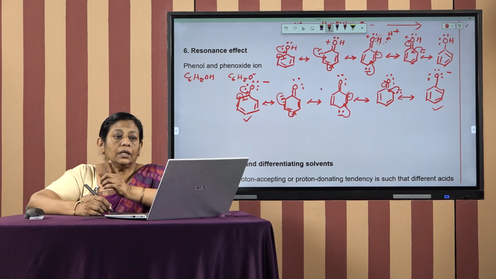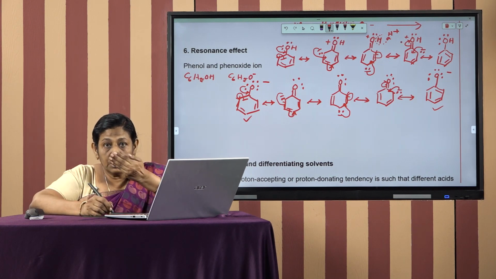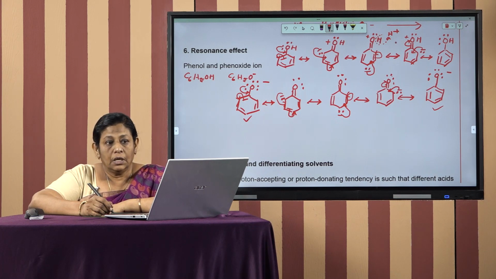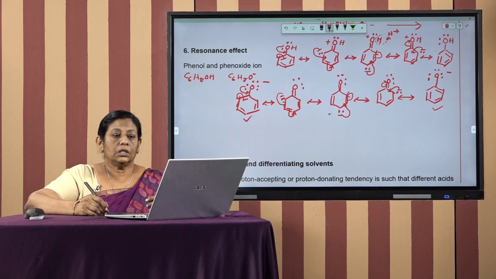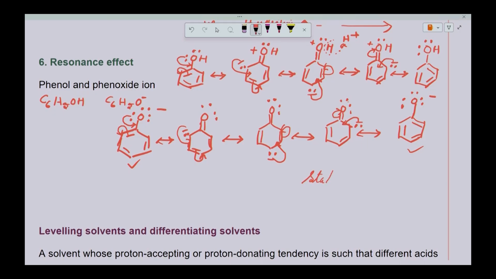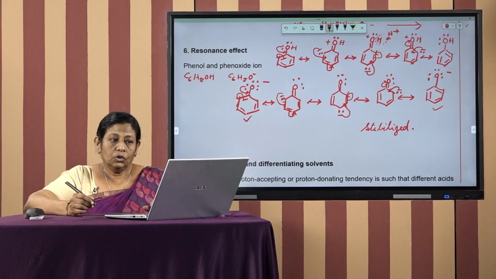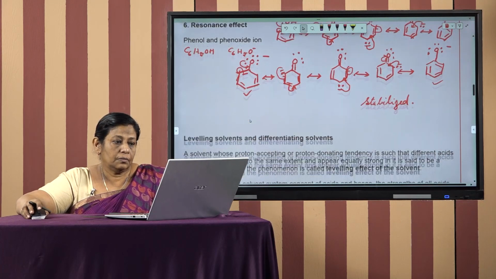In the other case, a positive charge accumulates on the oxygen, which favors the removal of H plus, and the resulting phenoxide ion formed is resonance stabilized. These two factors favor phenol being an acid. So, the resonance effect also contributes to the acidic nature of a substance.